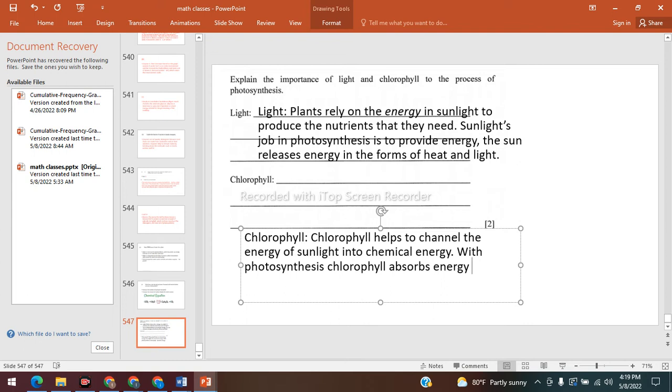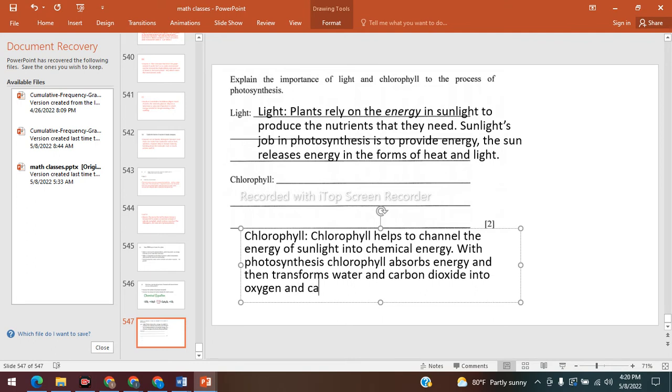With photosynthesis, chlorophyll absorbs energy and then transforms water and carbon dioxide into oxygen and carbohydrate.